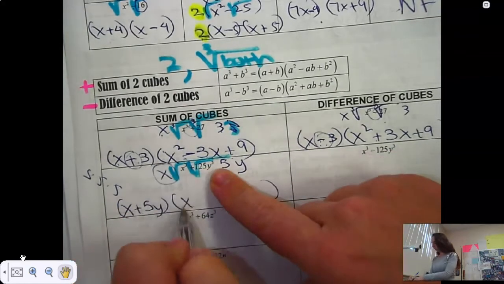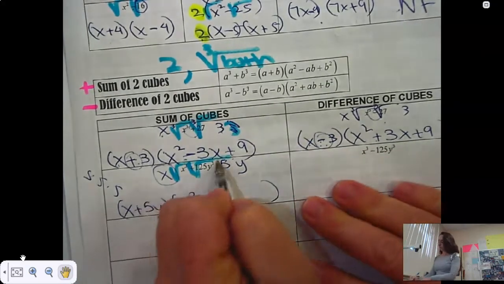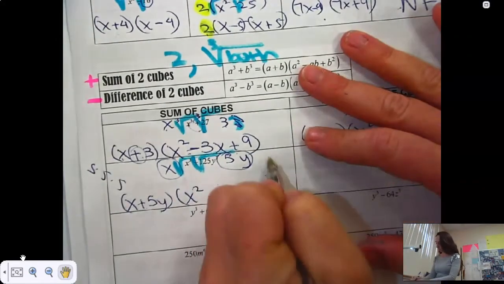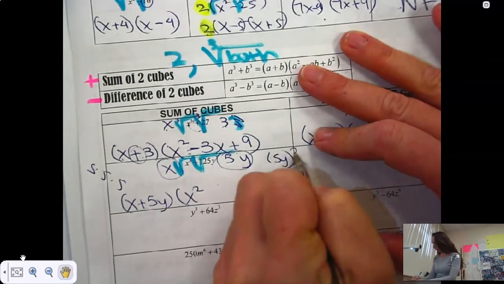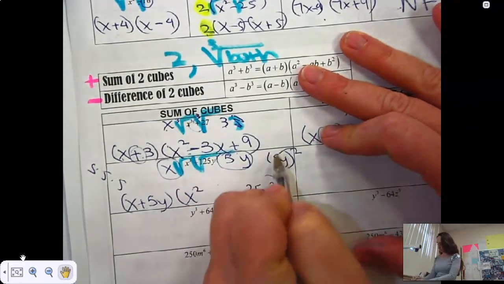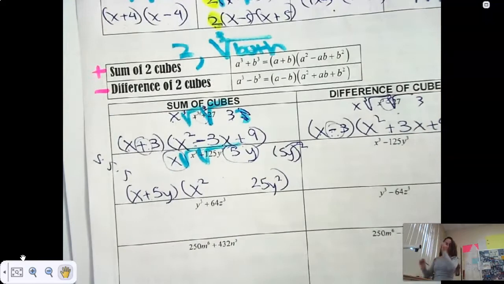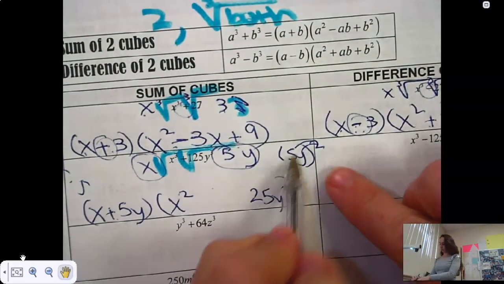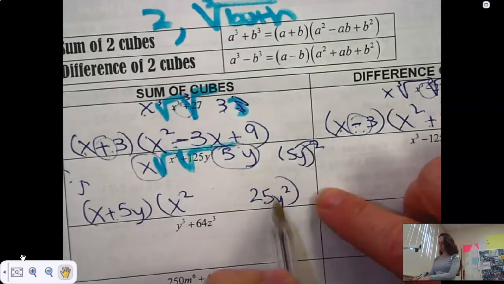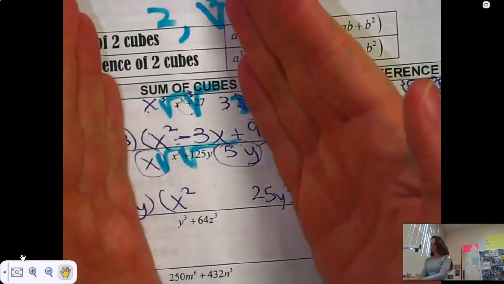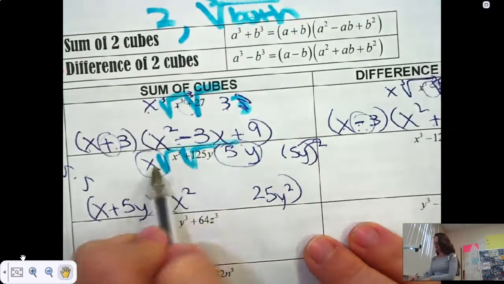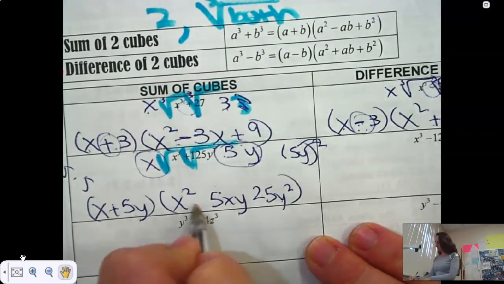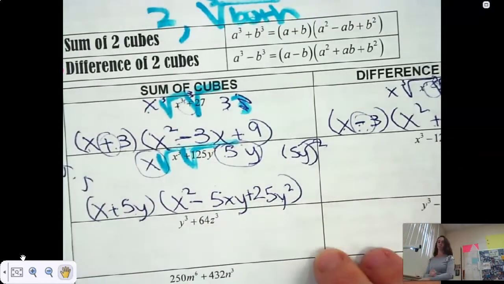Square x squared. Square this one, and I will show you what it means because I think this is how people struggle. If I go 5y squared, distribute, distribute. Let me make that a little bit bigger so you can see. And 5 squared is 25, and y squared is y squared. Then take these two and put them together. An x, 5y, is 5xy. If this is plus, this is minus plus.